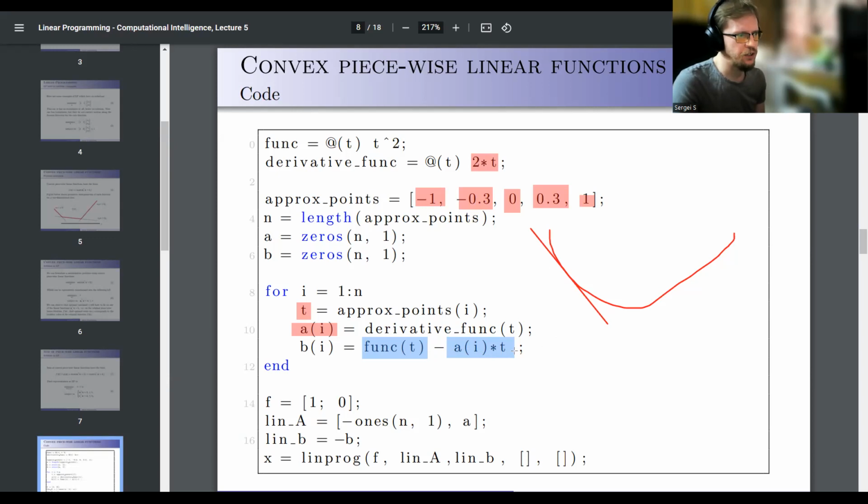We could have written it differently. We could have written it via A times t minus t0, etc. So we could have done it differently, but this is our classical way to describe those. This would have been possible, right?